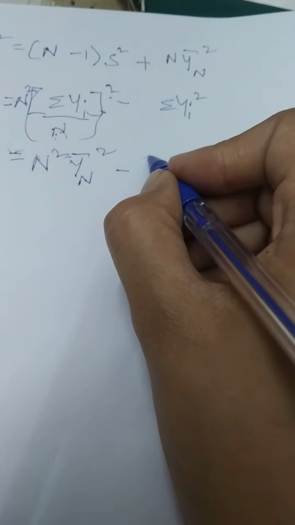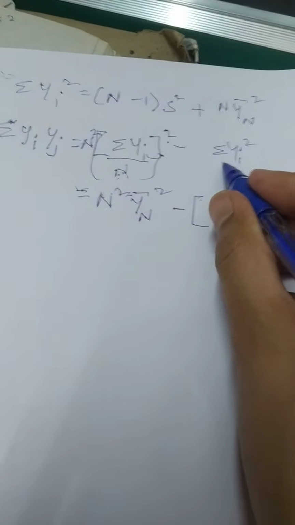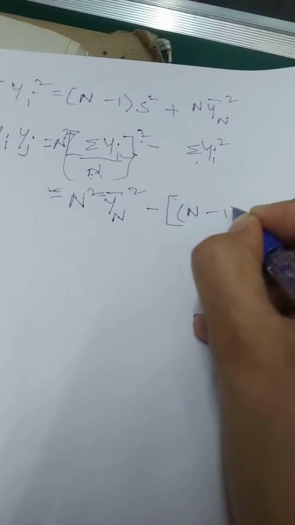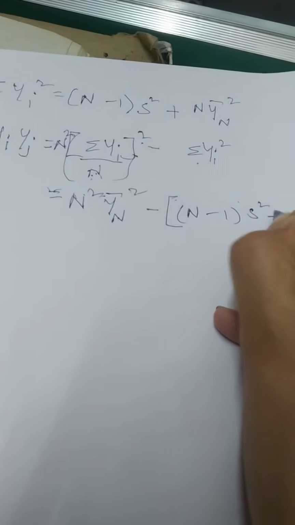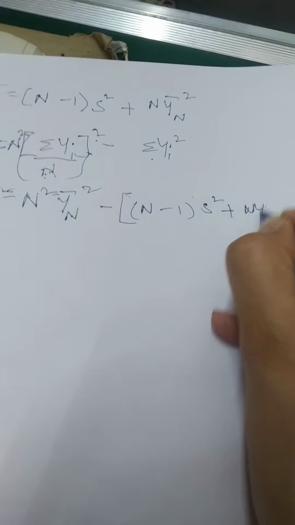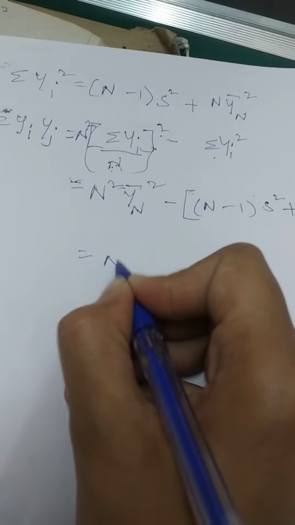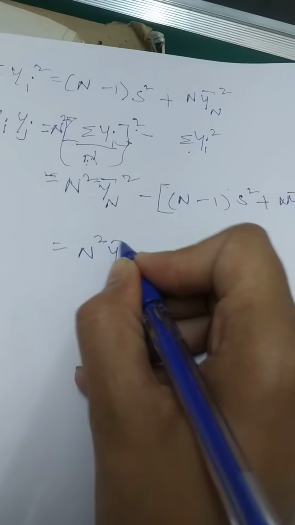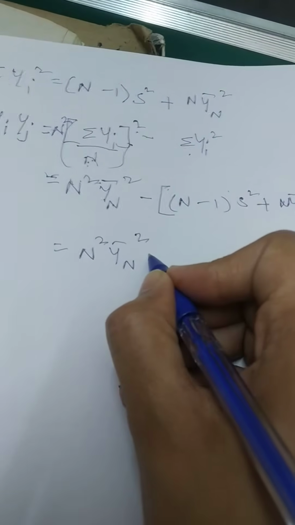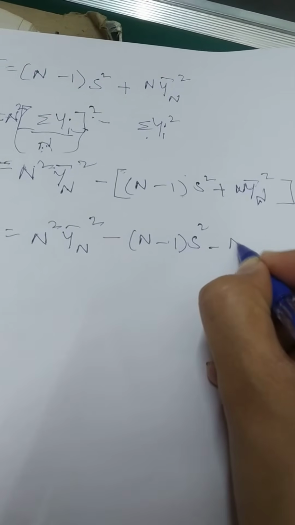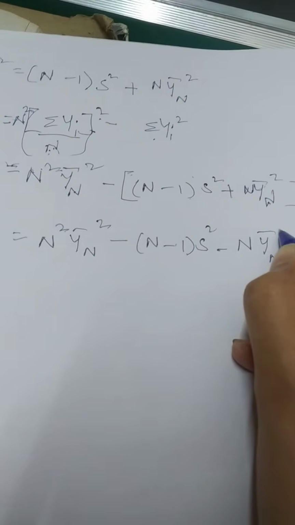minus of what I am doing, I am putting this value, this one. So I am writing (n minus 1) of s square plus n into y bar of n square. Then after this, I will write n square of y bar of n square minus (n minus 1) of s square, minus n into y bar of n square.